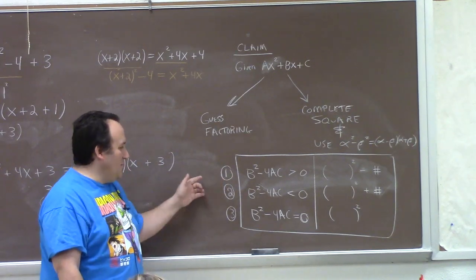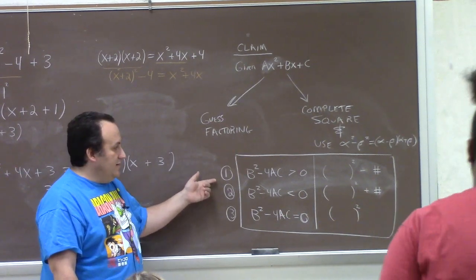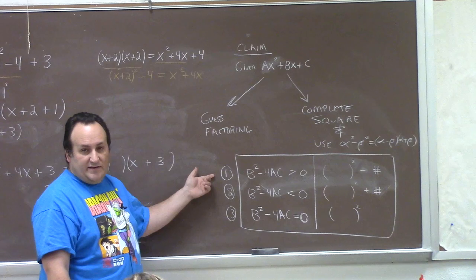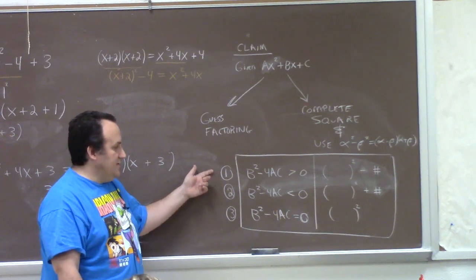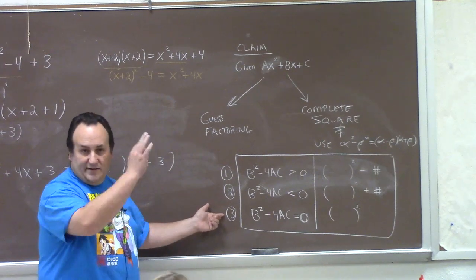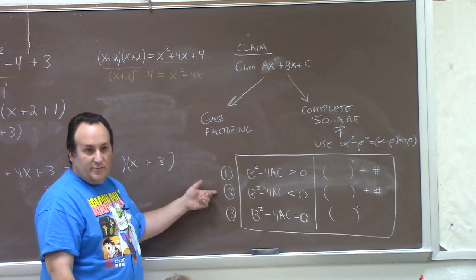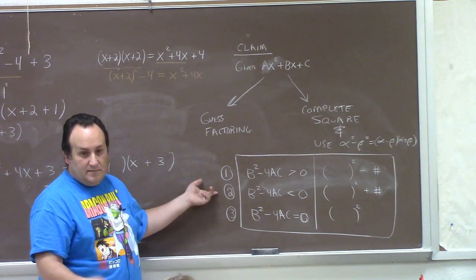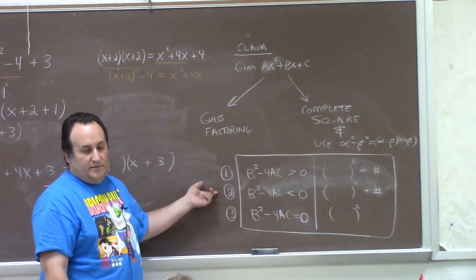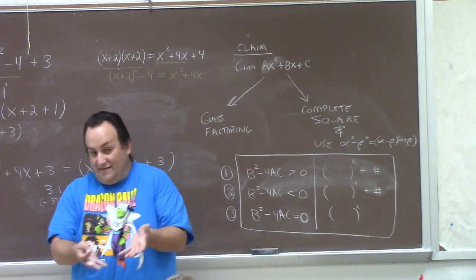Let's see here. So I've covered all 3 cases now. If we get a number minus a number, we can do the difference of squares to factor it. If it's 0, it's already factored. It's a square. And if it's plus a number, the polynomial is one of those you just can't factor. The reason I'm talking about this as opposed to factoring is that this is a method. There's no guessing.